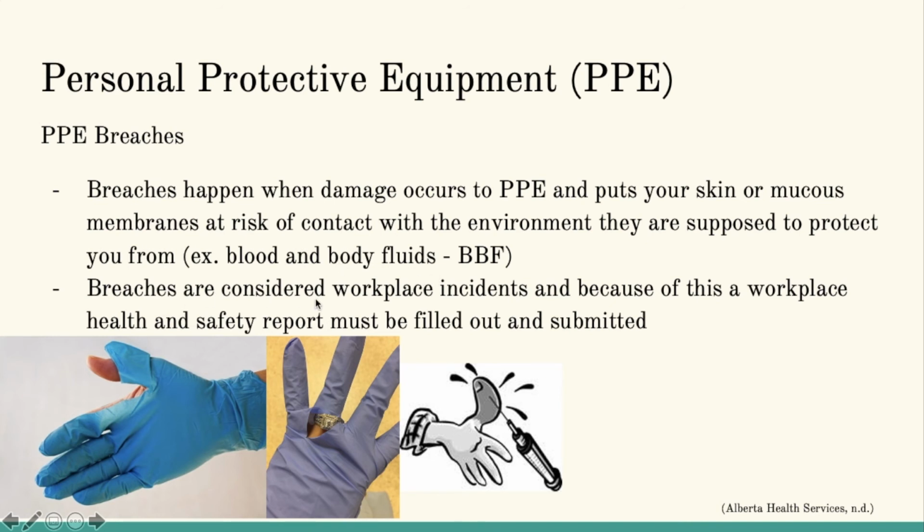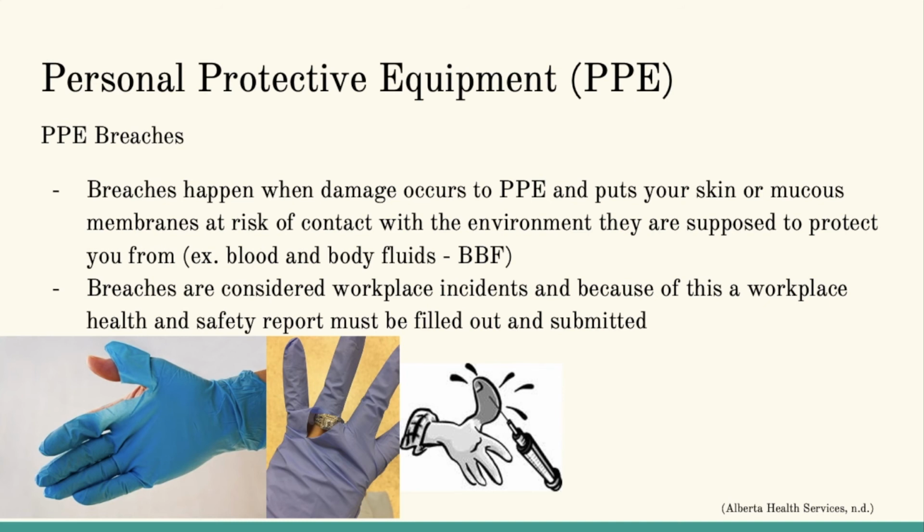Breaches are also considered workplace incidents, and because of this, a workplace health and safety report must be filled out and submitted. A breach can also be like a needle prick injury. Maybe you just got done giving someone a shot of something, and maybe you slip and you poke yourself with the needle.